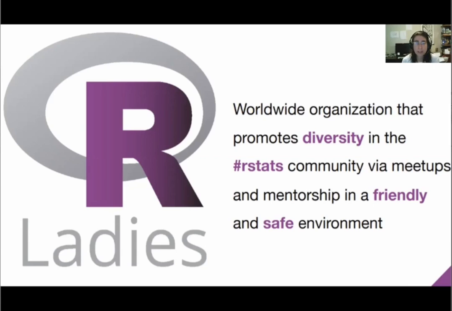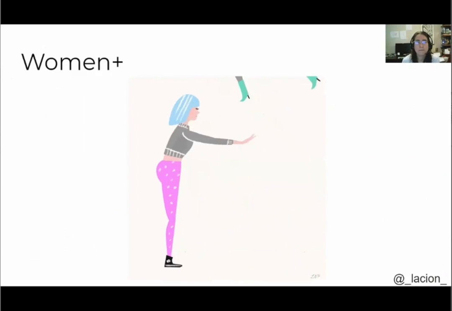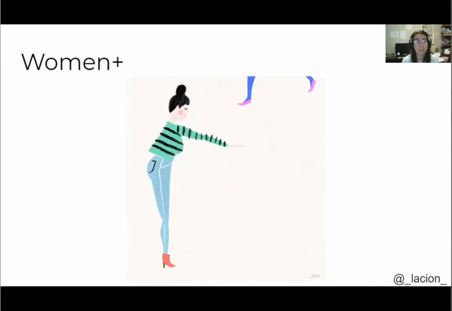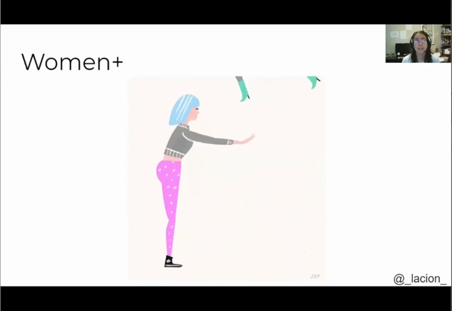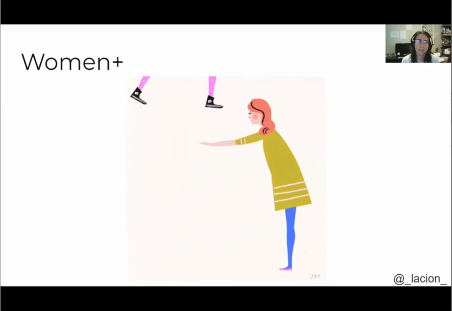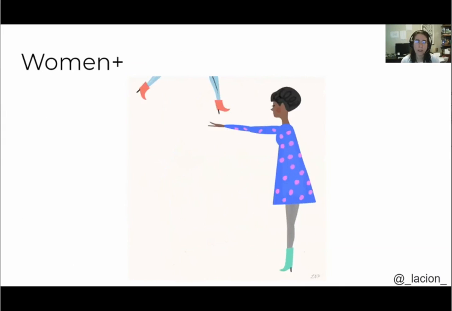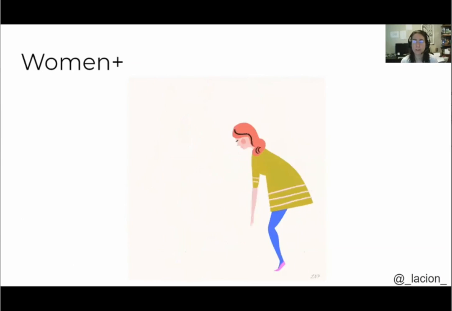So, and what's Our Ladies? Well, essentially it's women and other minoritized genders helping each other in a safe and friendly space. And it has an educational side, because Our Ladies has an informal educational side via meetups and given tutorials, teaching.